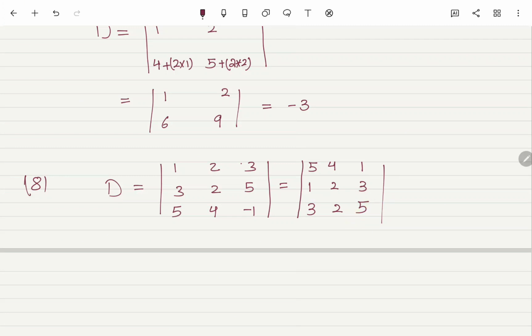In this case, the value of the determinant does not change. It would change, as in the properties before, if two rows or two columns were interchanged. But if we interchange all the columns or all the rows, the value will be the same.